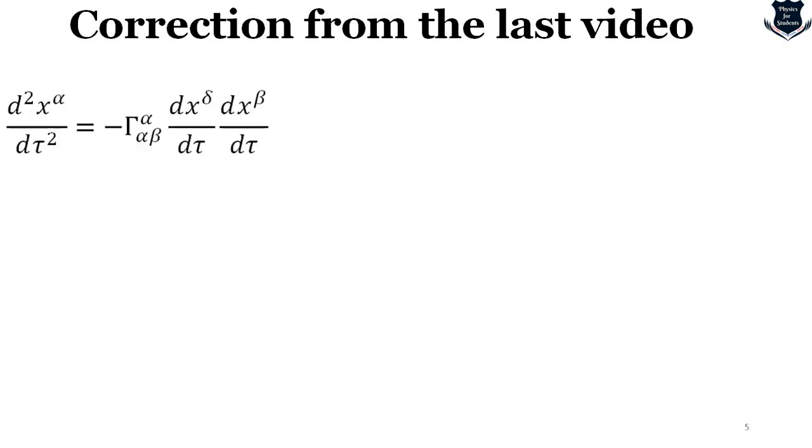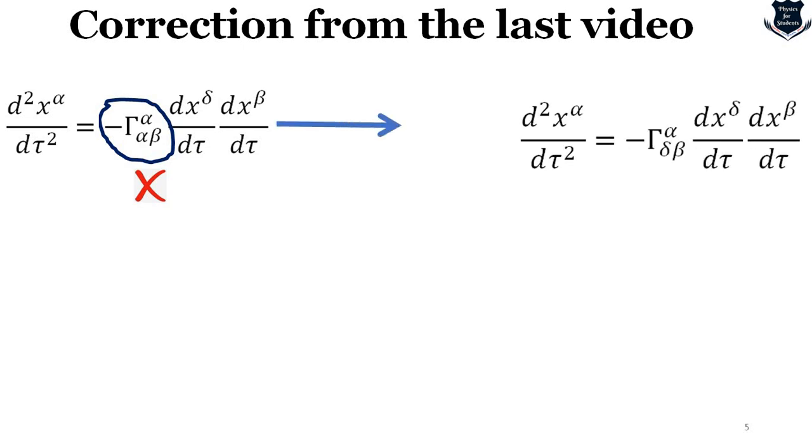Before we start, a quick correction that I would like to note from the last video. I made a horrible mistake, so my sincere apologies. In this particular equation of geodesic, this is actually wrong and this should be mentioned as this. So there will be alpha on the top followed by a delta and a beta instead of an alpha and a beta.